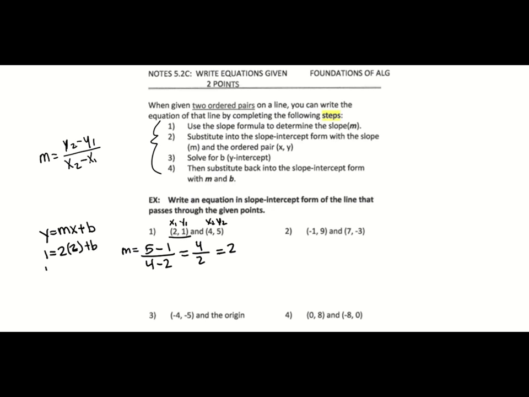So I get 1 equals 4 plus b. Subtract 4 from both sides. Negative 3 equals b. Now I can plug it into my final equation. Y equals m, which is 2, x plus b, which is minus 3.